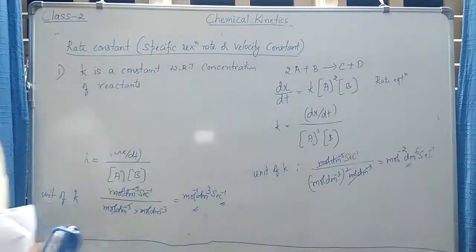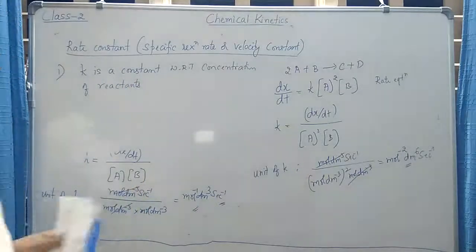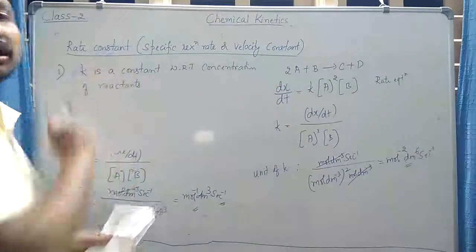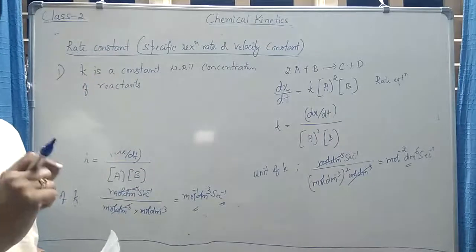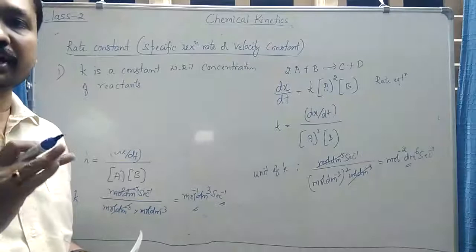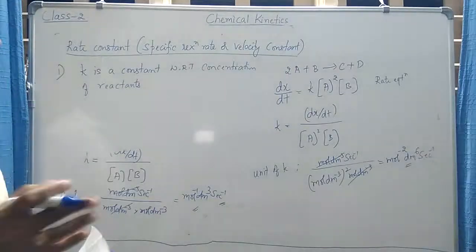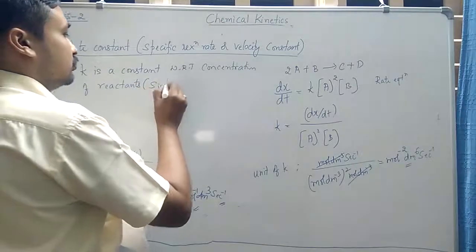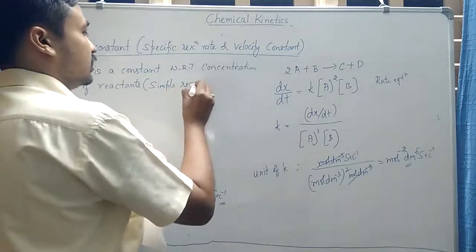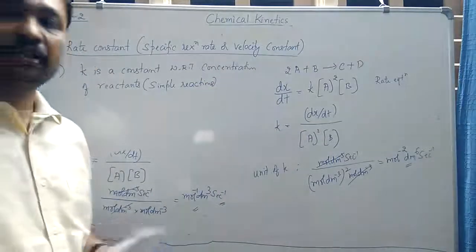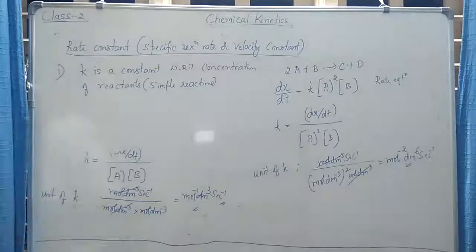So rate constant does not change as you change the concentration of the reactants. That is why it is called a constant, because it is the same for the reaction carried out at a different concentration. If I carry out the same reaction at a different concentration, still the rate constant will be the same. However, this is true for a simple reaction. If the reaction is a bit complicated, the rate constant may depend on the concentration of the reactants.